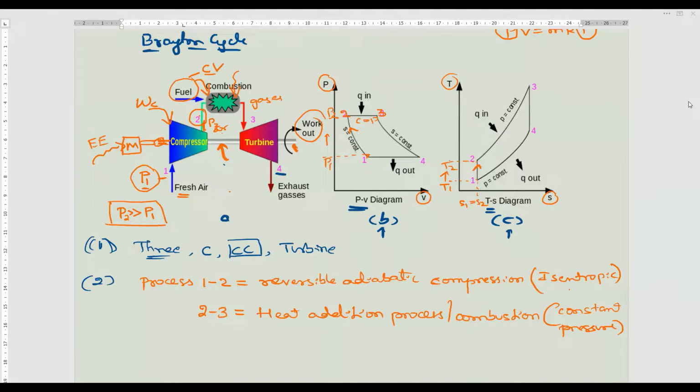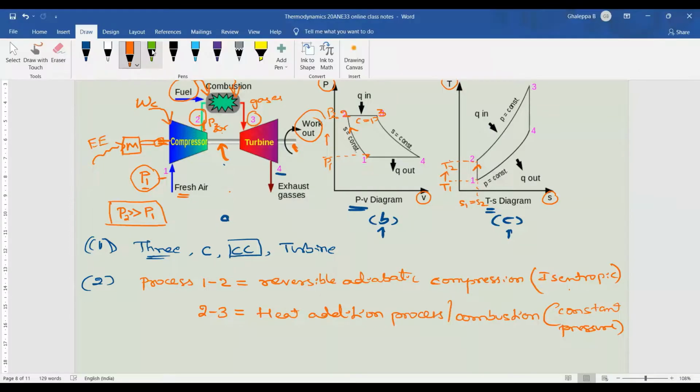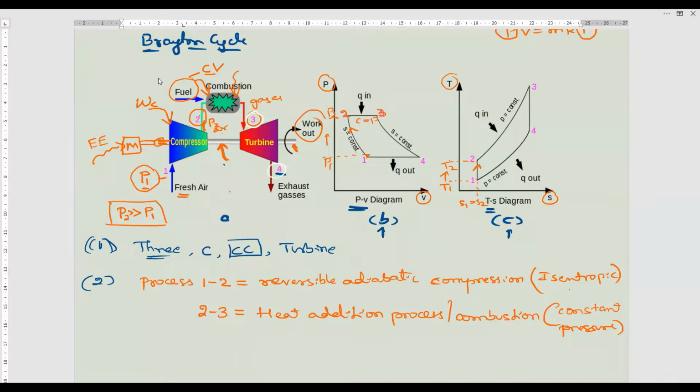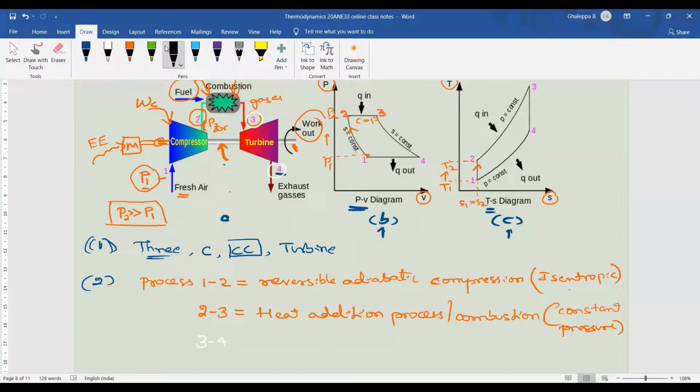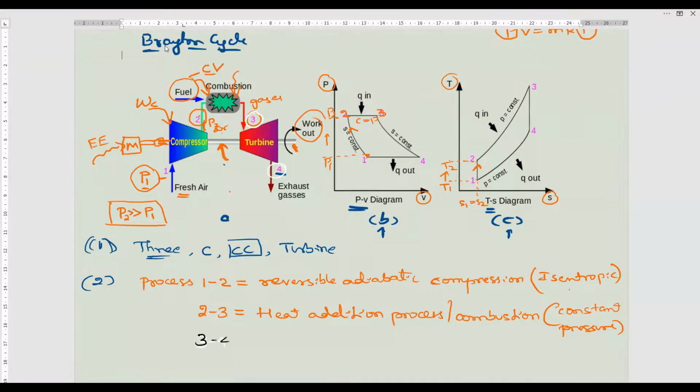Okay, so that is the second process. The third process is expansion, that is 3 to 4. So 3 to 4 is an expansion process, reversible adiabatic.